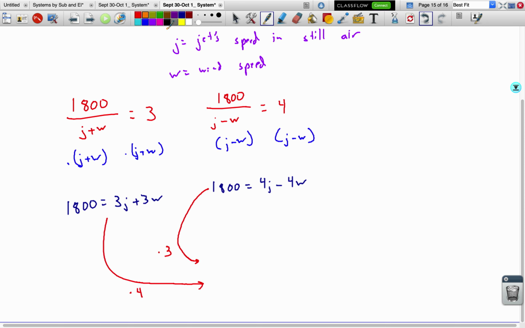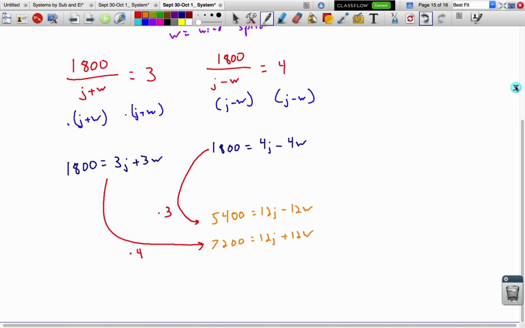And here a calculator could be useful again. 1,800 times 3 is 5,400 equals 12J minus 12W, and 1,800 times 4, we've got 7,200 equals 12J plus 12W.